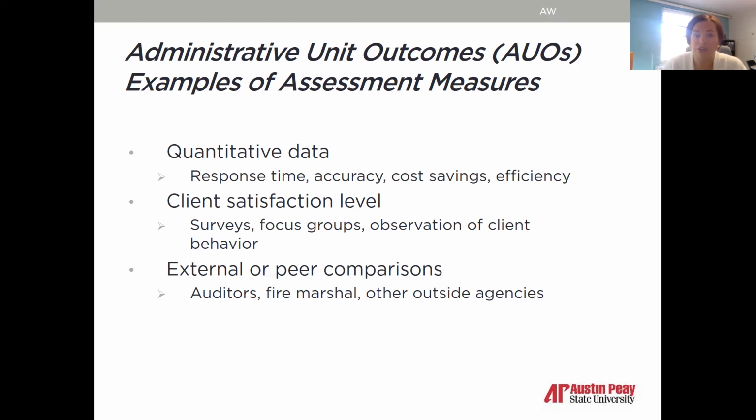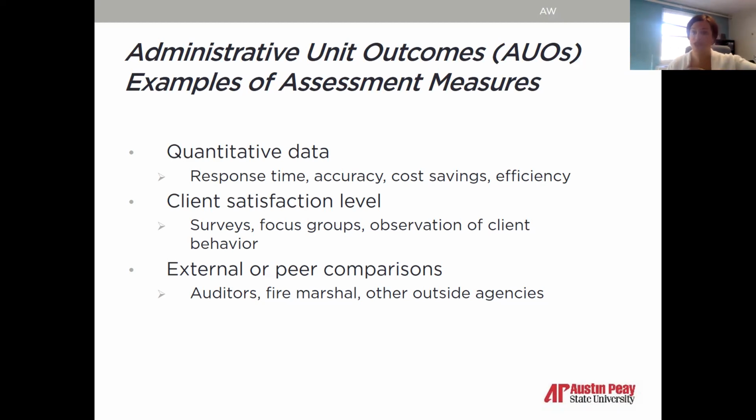Client satisfaction level is another one a lot of us are using, especially for IE. That's things like surveys, feedback questionnaires, focus groups, whatever that might be, but a lot of folks are using surveys. Then sometimes some of us work on things that have external compliance. Quality assurance funding in our office is an example of that.